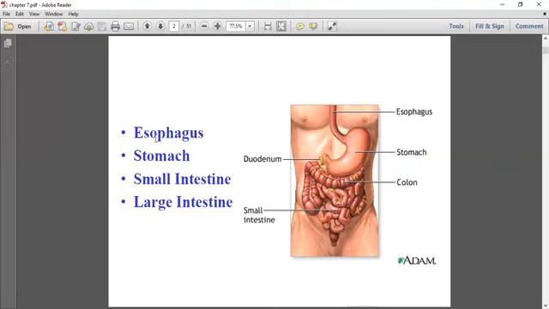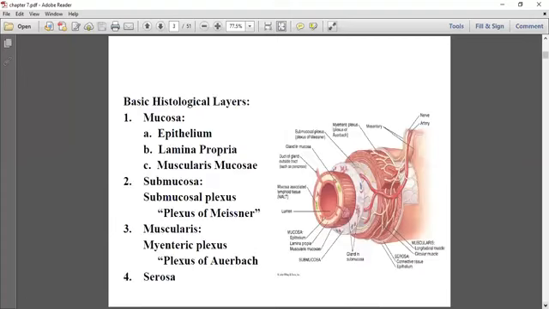Thus, the histological layers of the esophagus, stomach, small intestine, and large intestine are the most important in this chapter. The basic histological layers, as I said, are arranged here from innermost to outermost.